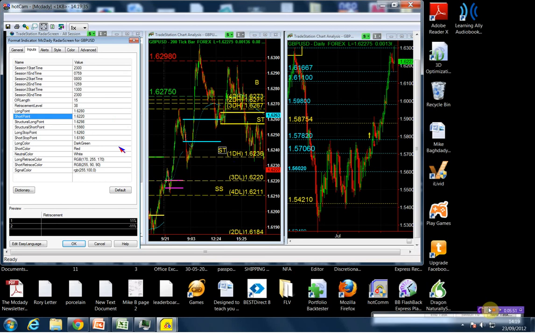And my stop is going to be above 162.36. And my structure short point is going to be the 161.66. Okay, so my long point is 162.80, my structure long point is 162.98, and my stop is 162.60.